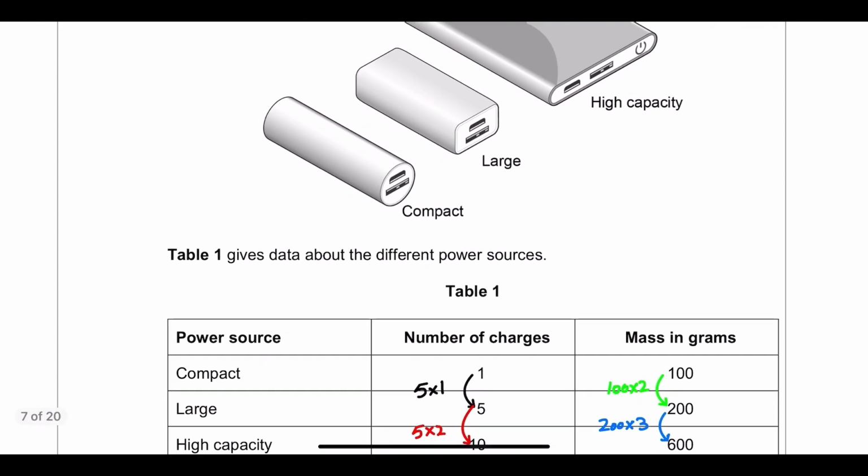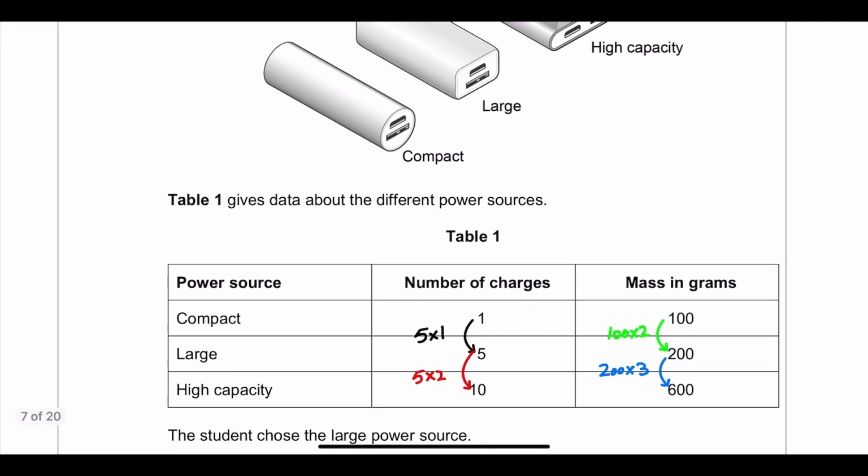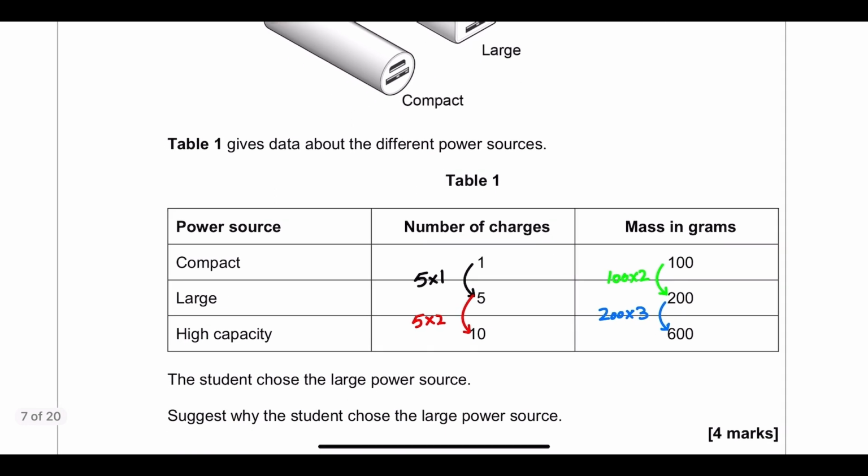Table number 1 gives data about different power sources. If you look here, we have three columns. First is for power source, number of charges, and mass in grams.